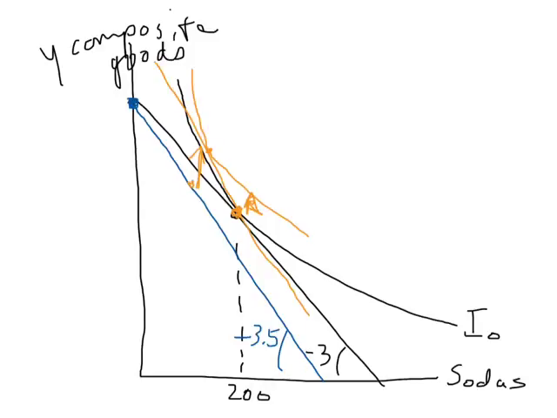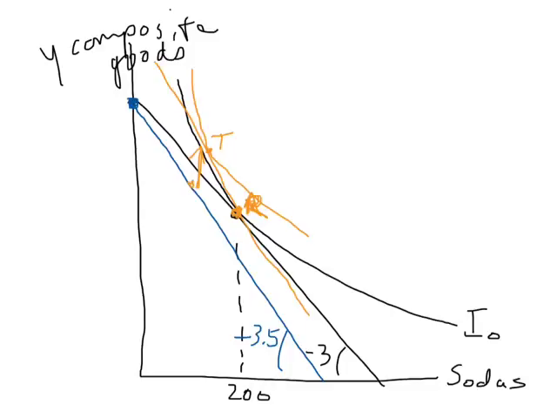But with this compensation, he's at point T, and all the compensation has done is make him whole again, restoring his original level of income, not utility this time. He could afford point R after the compensation.